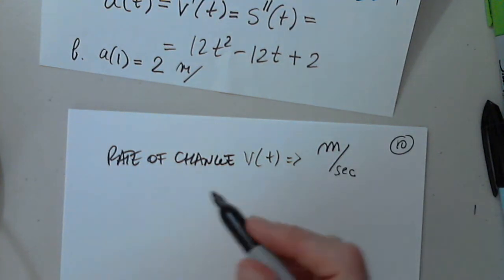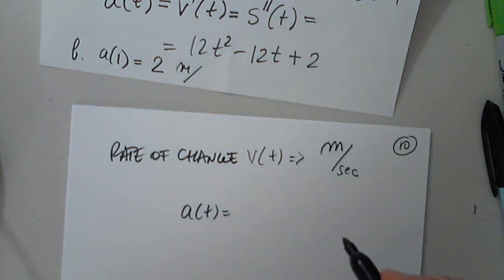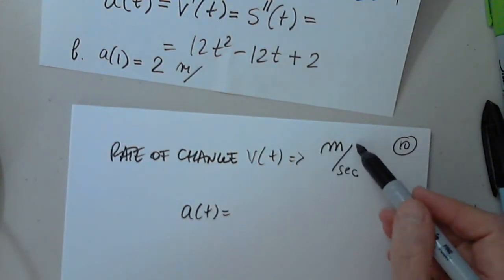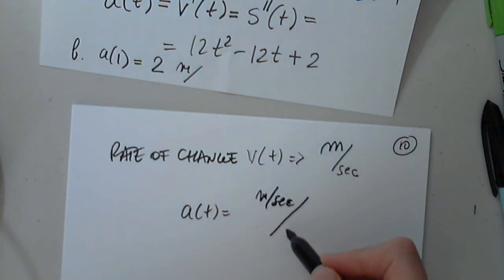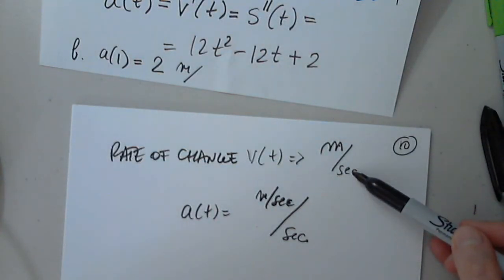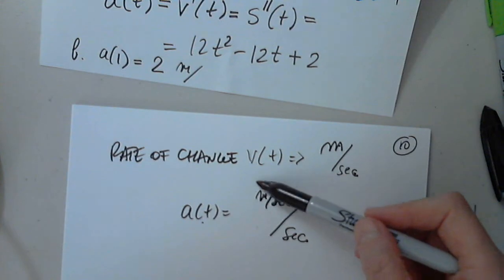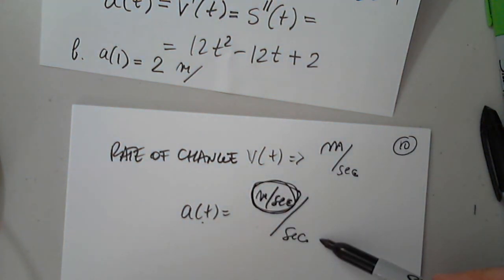But if we are talking about the rate of change of velocity, which is the acceleration, we have the rate of change of velocity with respect to time. So velocity is the rate of change of distance with respect to time. Acceleration is the rate of change of velocity with respect to time.